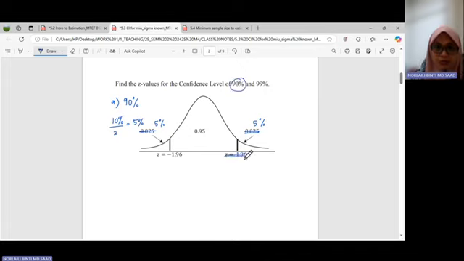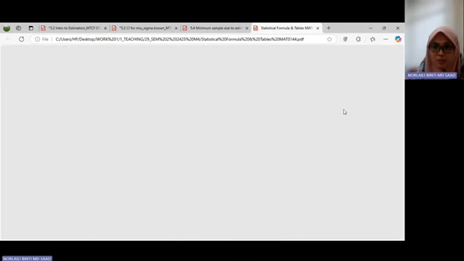If you refer to our table, let me open the table first. Look at the values from the normal table.